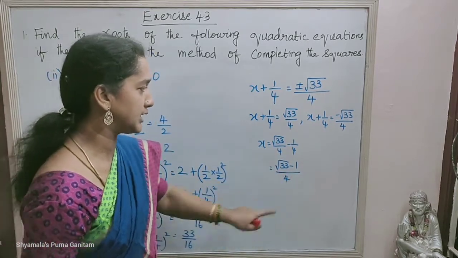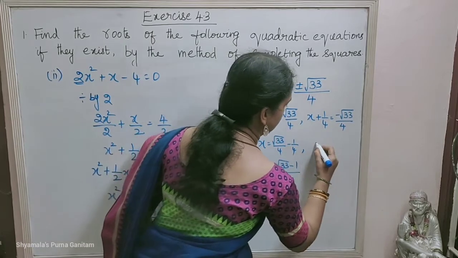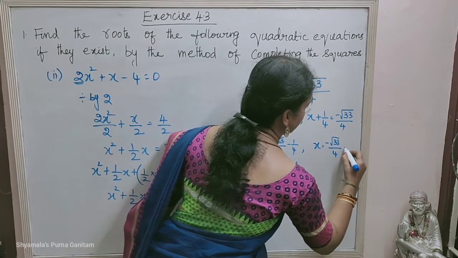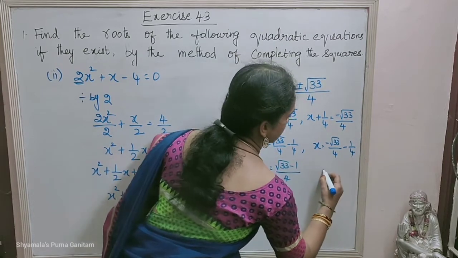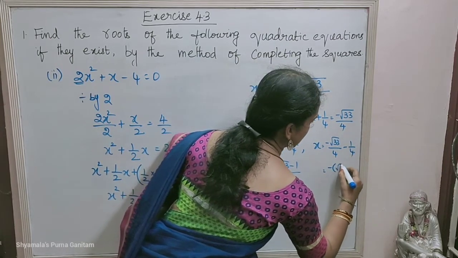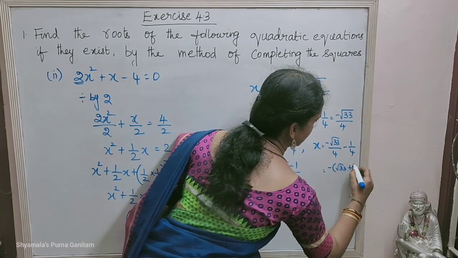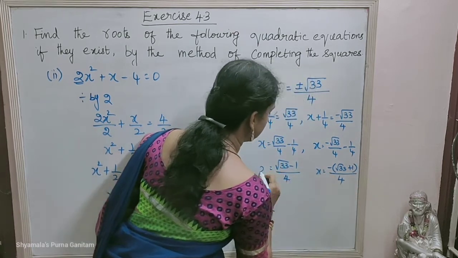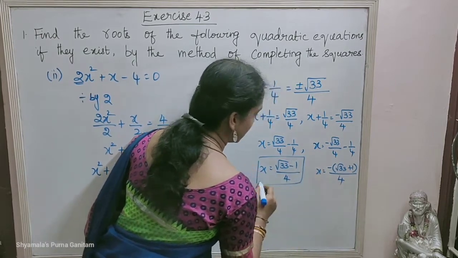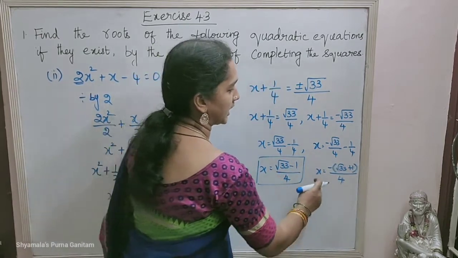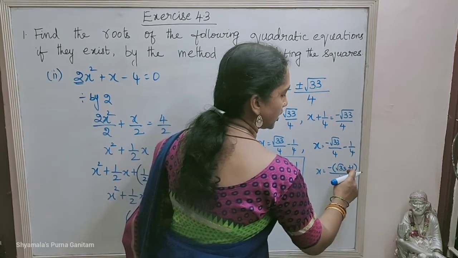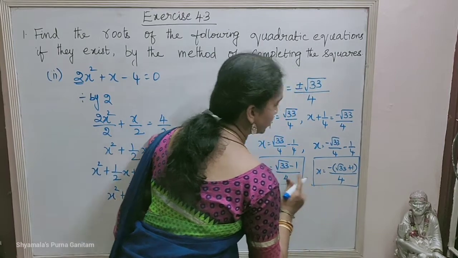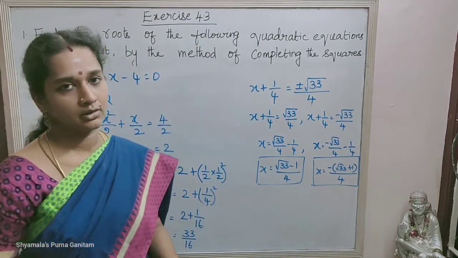So root 33 minus 1 by 4 is one value for x. In the same way, minus root 33 by 4 minus 1 by 4 will be minus root 33 plus 1 by 4. So one value of x is root 33 minus 1 by 4, the other is minus root 33 plus 1 by 4. These are the two x values for the given question.